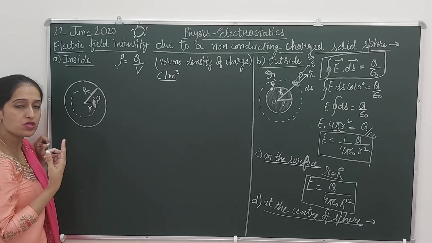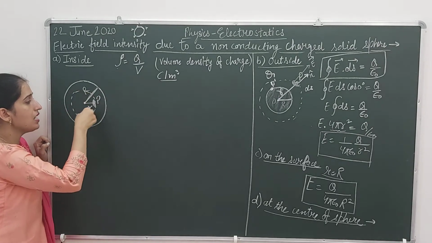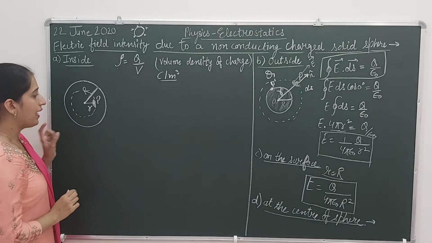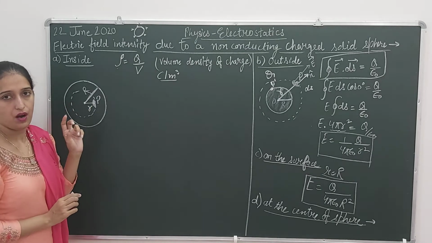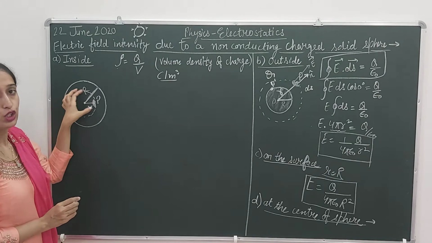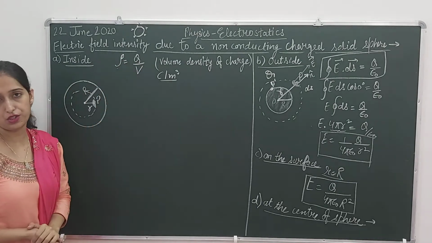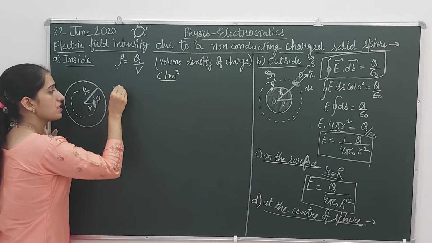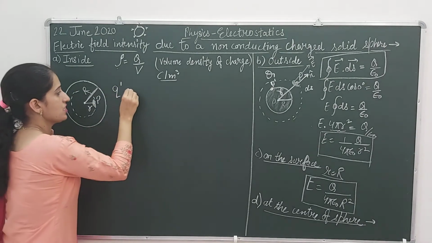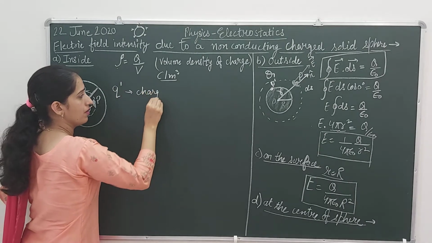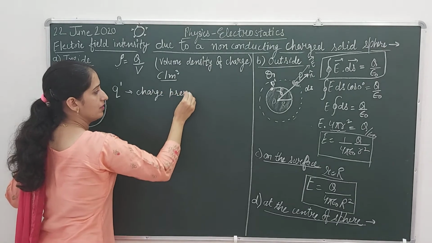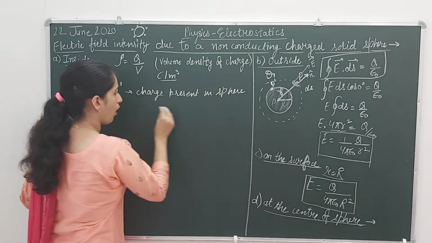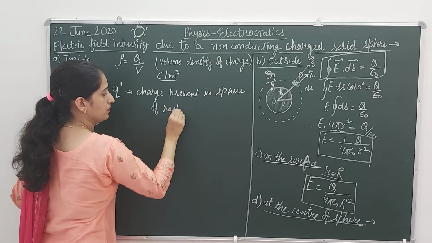Again we need to choose a Gaussian surface. We are choosing a sphere having radius r. Now, of course, for this sphere, Q is not the total Q. It is somewhat less. So suppose Q dash is the charge present in a sphere of radius r.